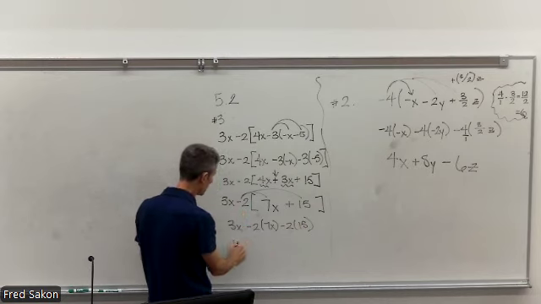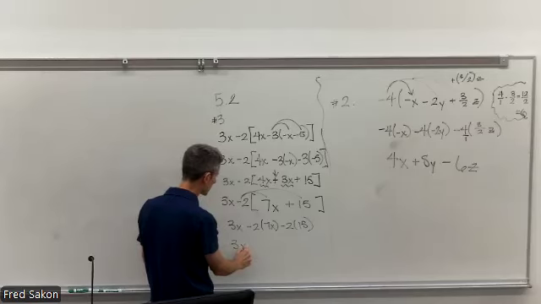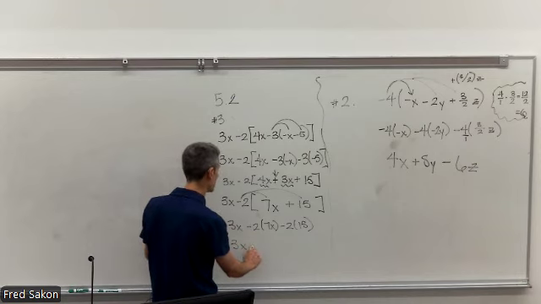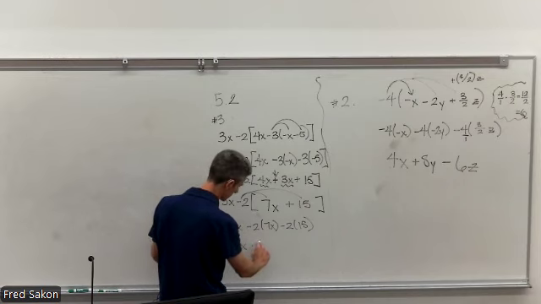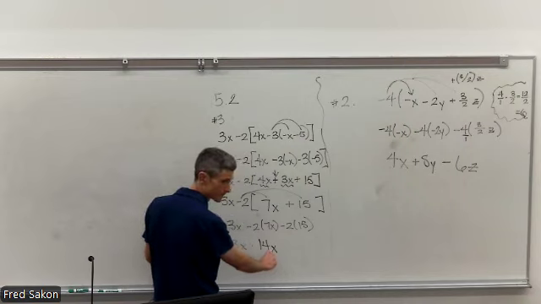Then 3x, and what do I have after that 3x? 2 times 7 with our x.